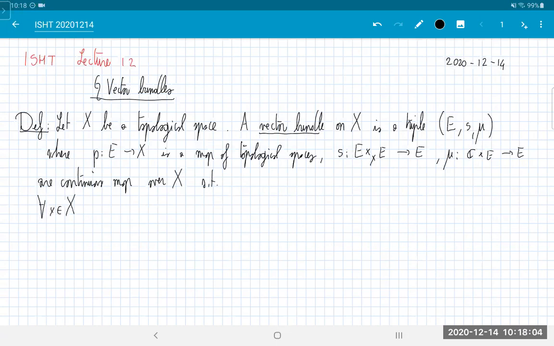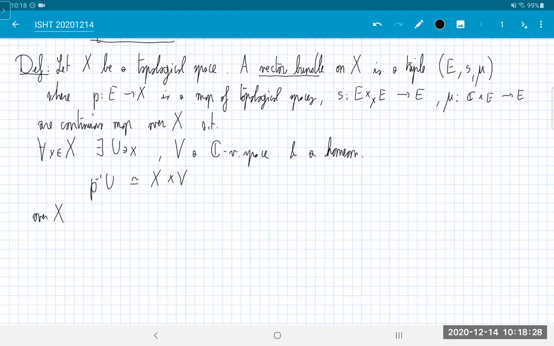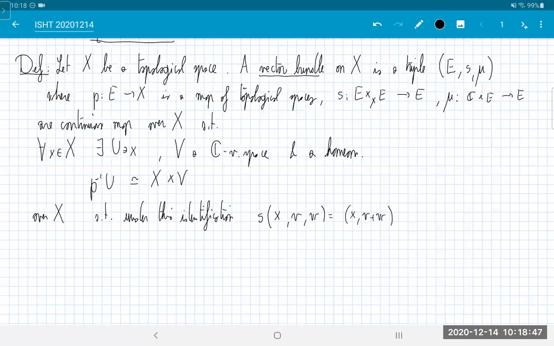For every little x point of X, there exists U, a neighborhood of x, and V, a finite dimensional complex vector space, and a homeomorphism from p inverse of U to U times V over U, so that the map to U is the projection on the first component under this isomorphism, such that under this identification, S of (x, v, w) is (x, v plus w), and mu of (lambda, x, v) is (x, lambda v).